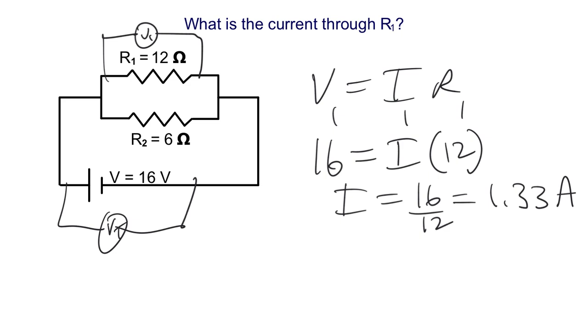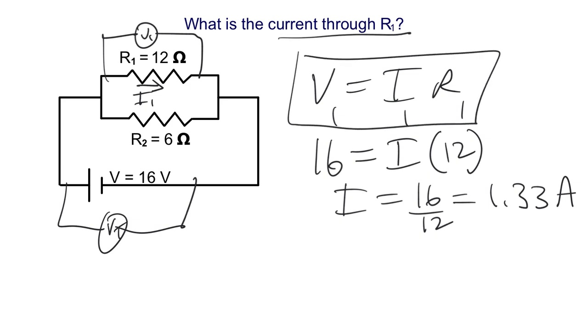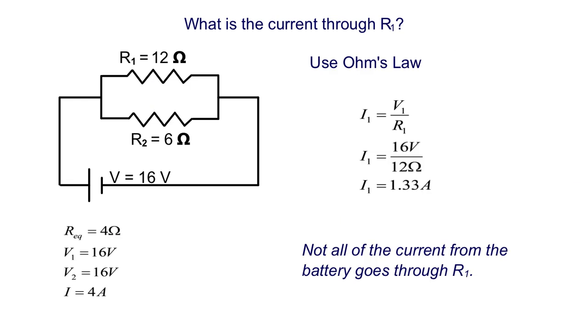So where's the current through R1? So I'm looking for I1. Well, I know V1 is the same as V2 because they're in parallel. And the resistance is given as 12. So I'm going to use Ohm's law, plug in those values: 16 over 12 is 1.33 amps. And that's what they got here.